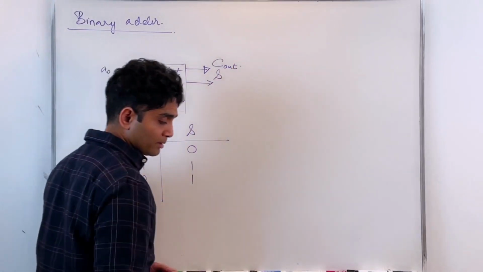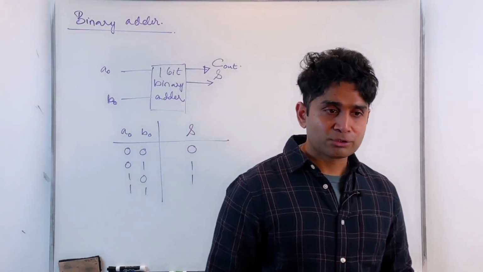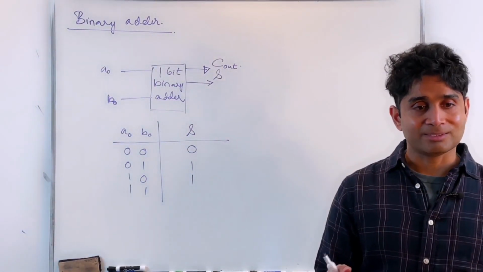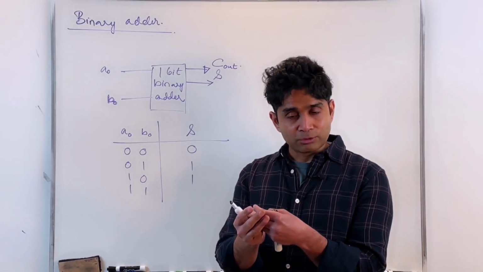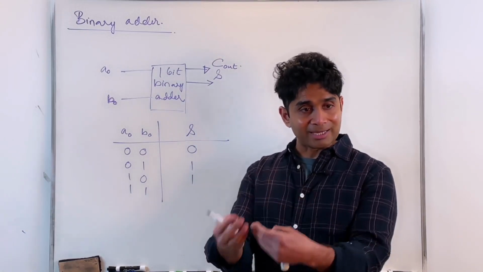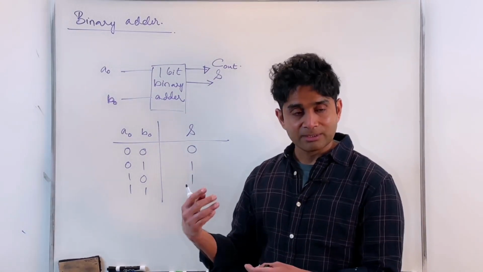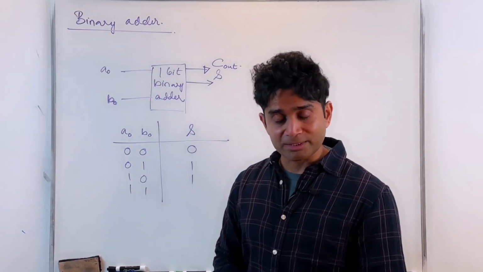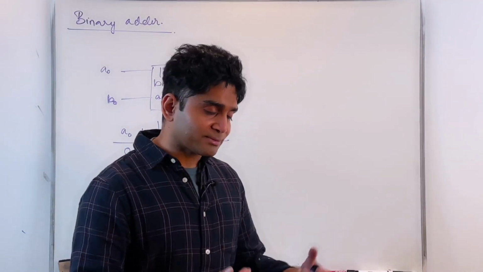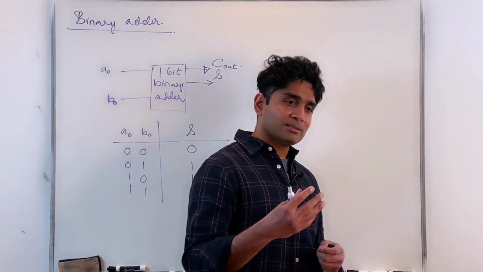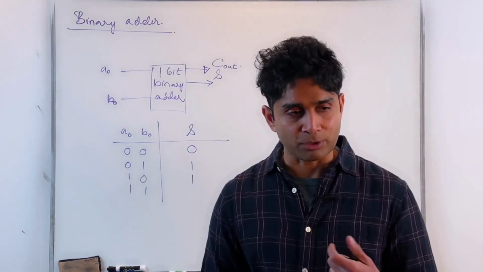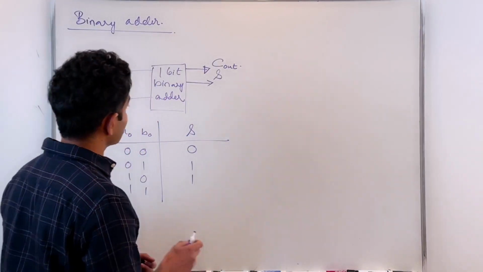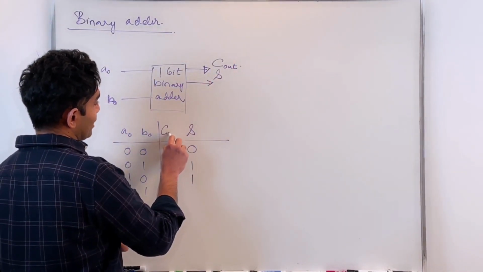Just like when I'm adding 9 to 1, 9 plus 1 is 10. That means I need two digits to represent the sum beyond 9. Likewise, for binary, I need two bits to represent the sum beyond 1. So let me call that C out.